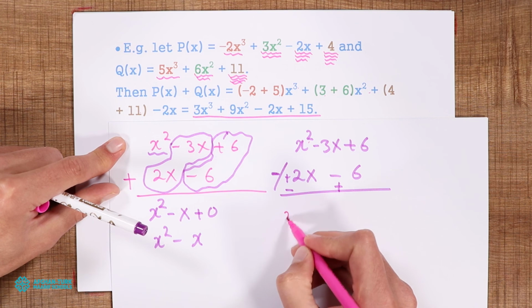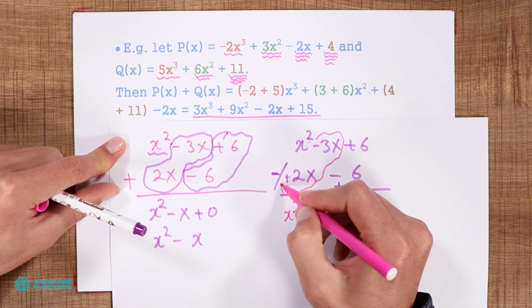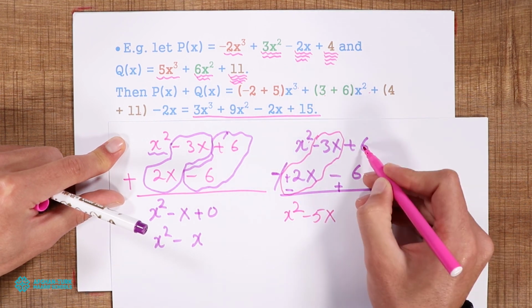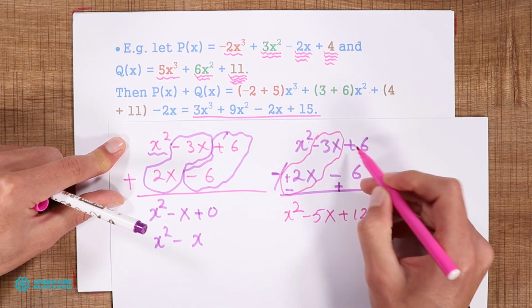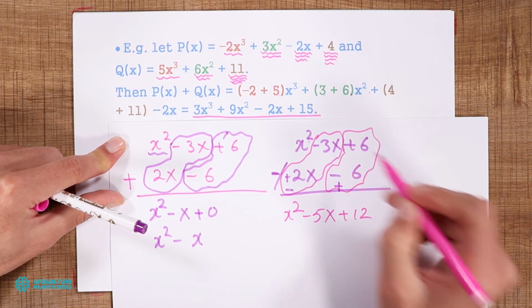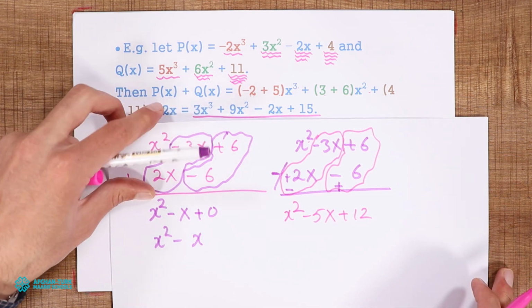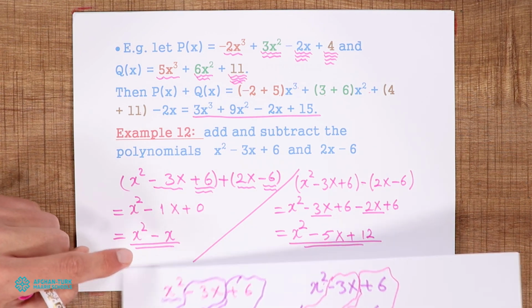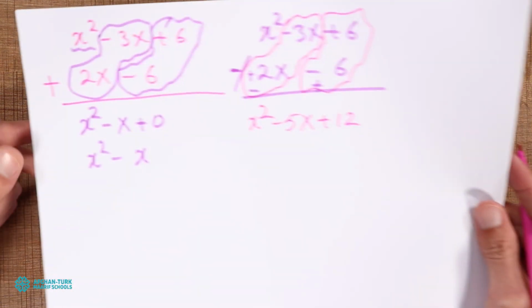X squared will be written by itself. Minus 3x and minus 2x will be minus 5x. Plus 6 and plus 6 will be plus 12 because they are like terms. So you see the answers doesn't change, but you can solve the questions by any method you want.